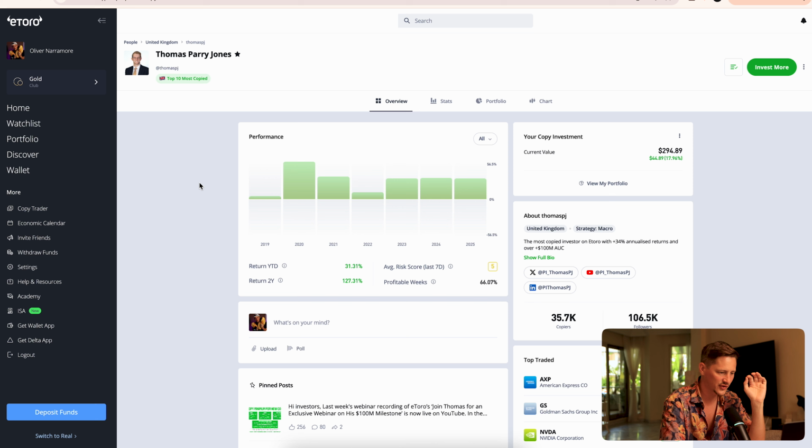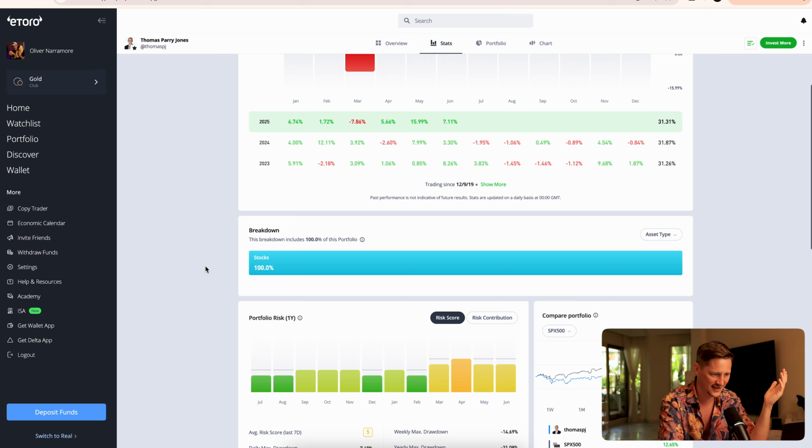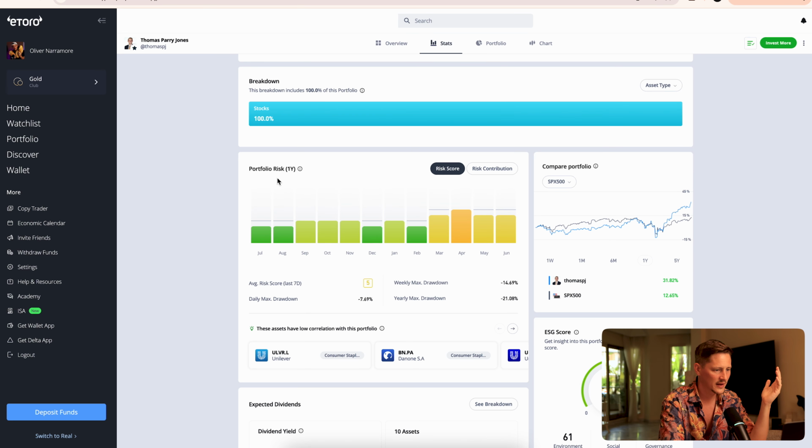Now, a risk score is important because it shows how volatile their portfolio is. So if we go over to the statistics and we scroll down, you've got portfolio risk here. Now, a popular investor has to keep their risk score below 7. If they go to 7 and above, you can no longer copy them, okay? Because the portfolio is just too risky.